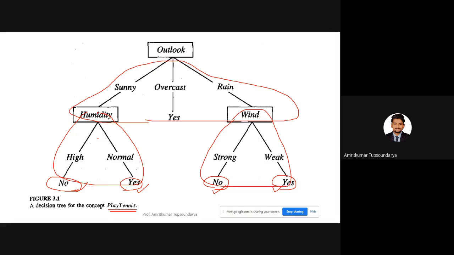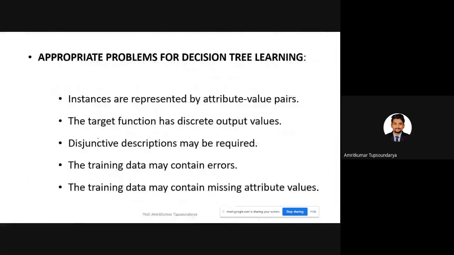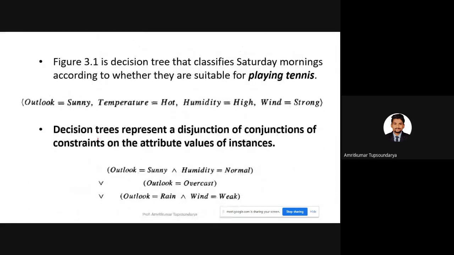So play tennis is our target concept here. So now this decision tree, as I said, classifies Saturday mornings according to whether they are suitable to play tennis or not.